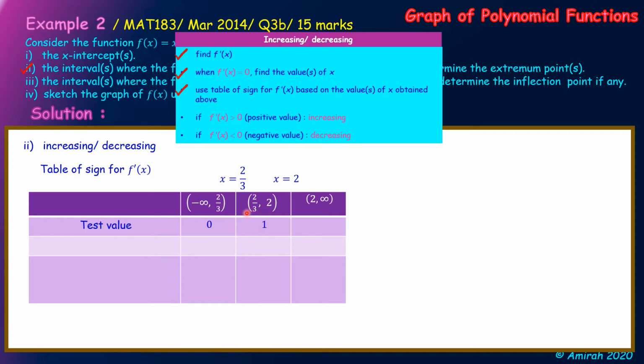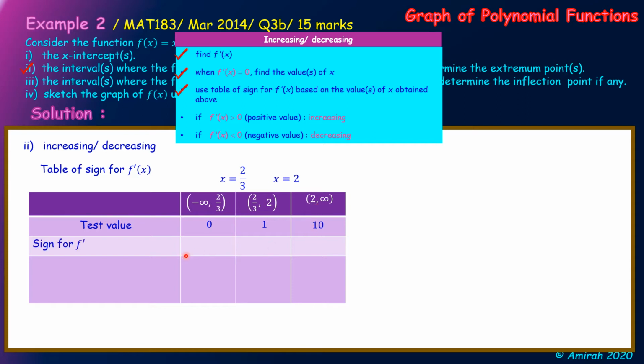In the interval 2 over 3 to 2, we can choose, let's say, 1. And in the interval 2 to infinity, we can choose 10.